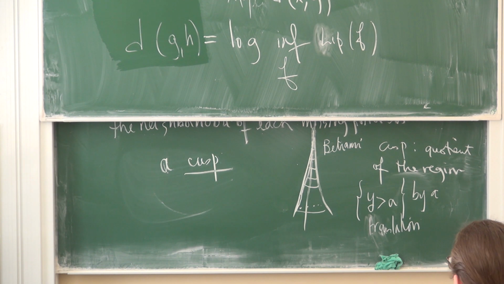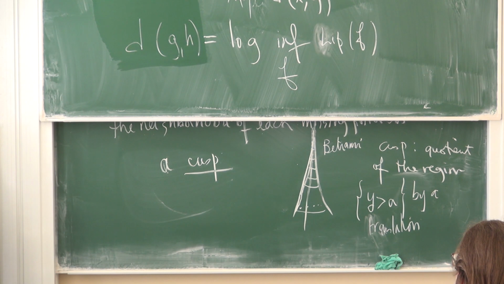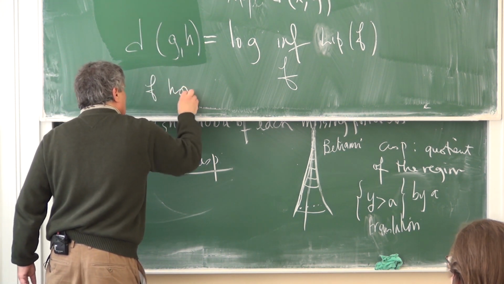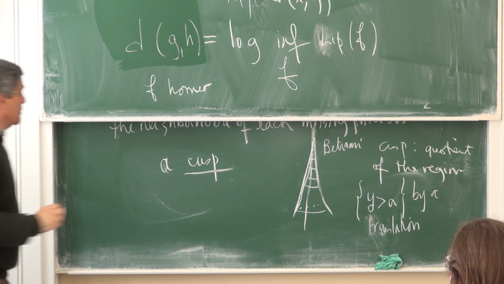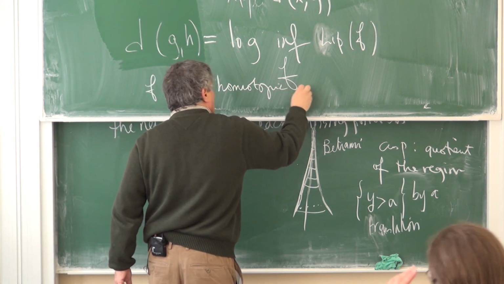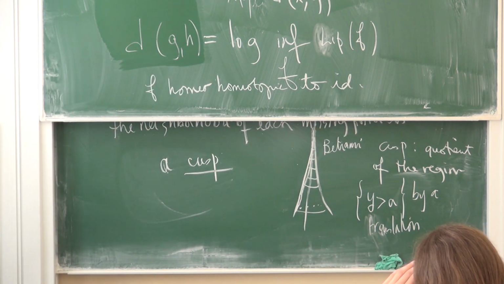I'm taking the infimum over all homeomorphisms homotopic to the identity. Okay, thank you.